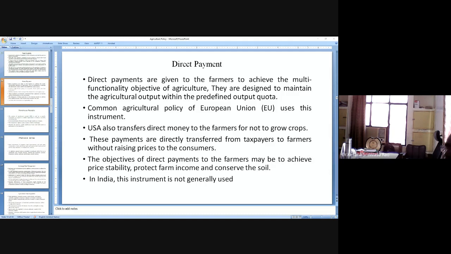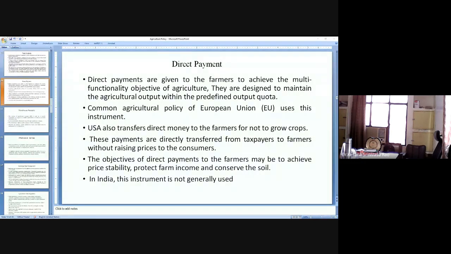In some circumstances, if the landless labor is very high, or sometimes the farmers are not in a position to grow some types of crops, to avoid such circumstances, the government directly pays some amount to the agriculture producers.